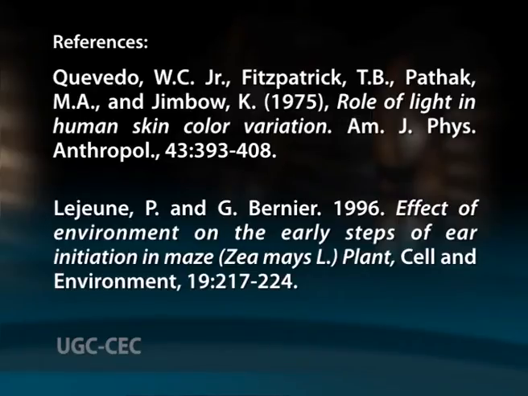Another publication is entitled Effect of Environment on the Early Steps of Ear Initiation in Maize, authored by Lejeune and Bernier in the year 1996, published in Plant, Cell and Environment. It is a very prominent journal. The volume number is 19, page numbers are 217 to 224.